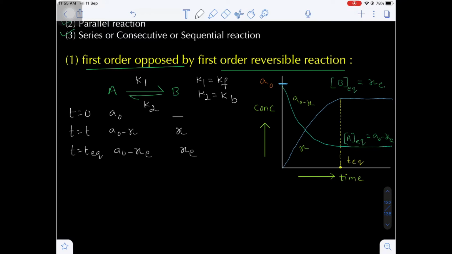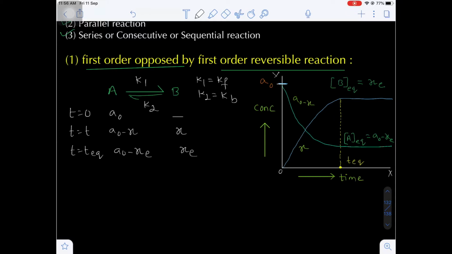Now in this graph, which is plotted between concentration versus time, the concentration is a function of time. Initially we have only reactant. So what is the concentration of reactant initially? A0. As the time starts, reactants slowly get consumed to give the products.